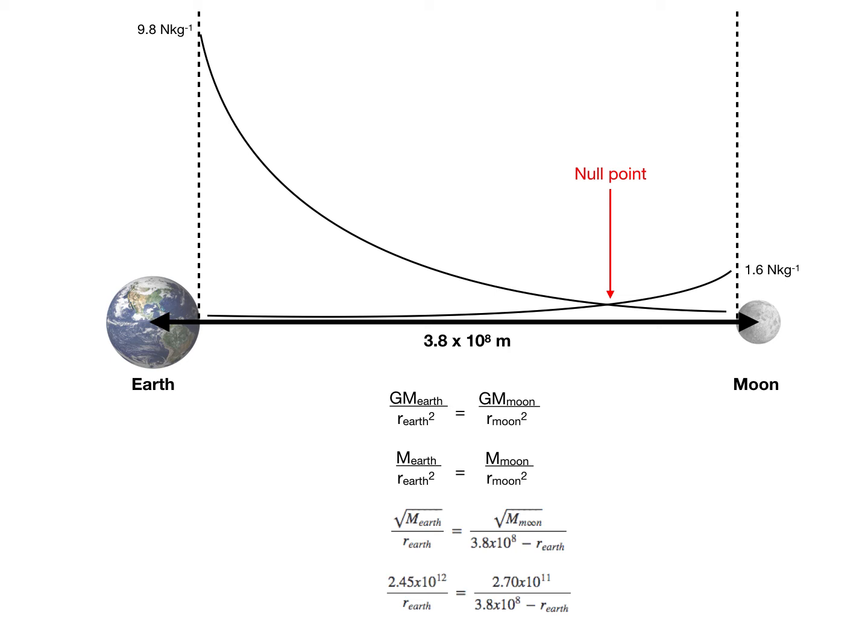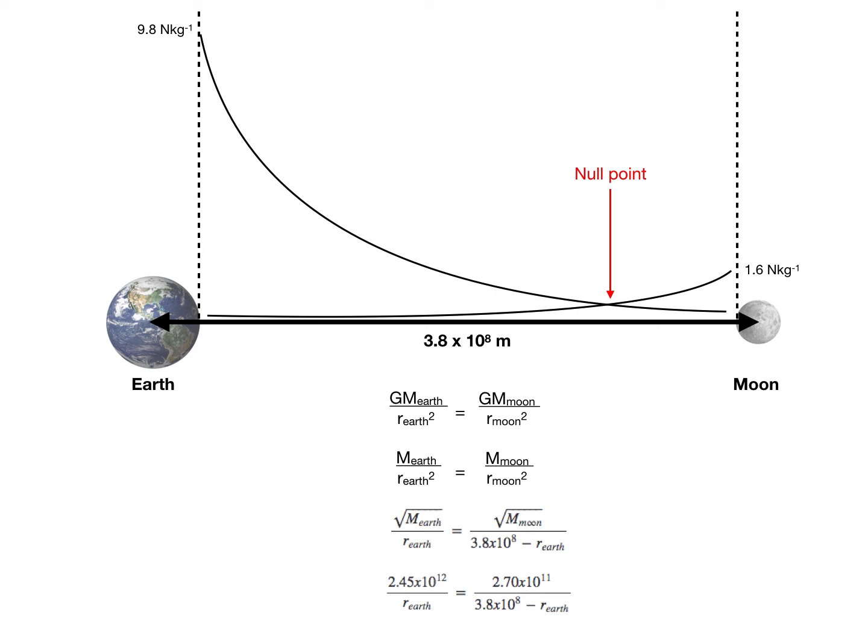This is just recapping the maths here. From that first expression, we cancel our G's, and then we're left with the second expression, and we can square root the top and bottom of both fractions, as well as putting in my new expression for the distance from the Moon, 3.8 by 10 to the 8 minus r Earth.